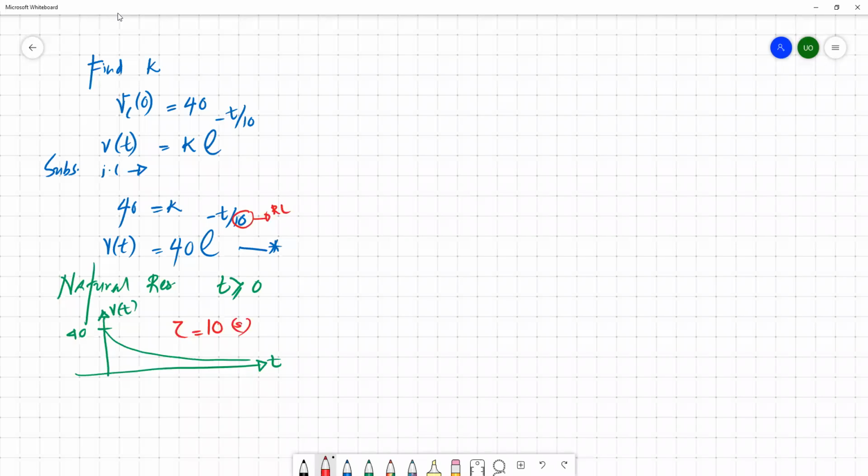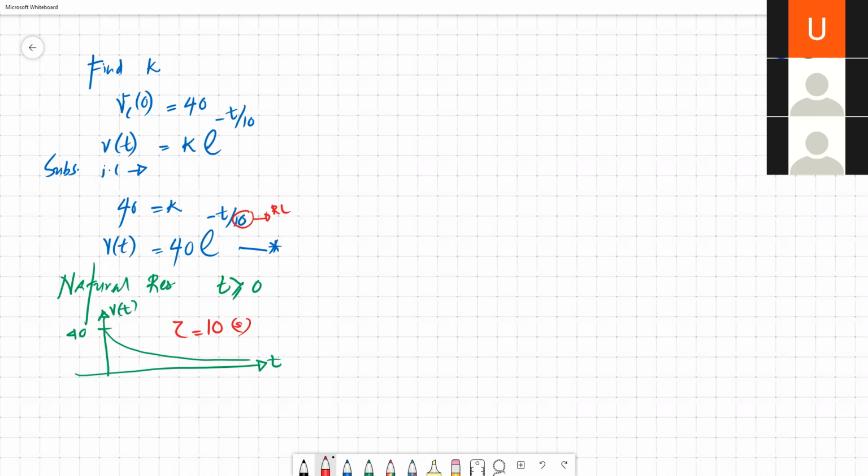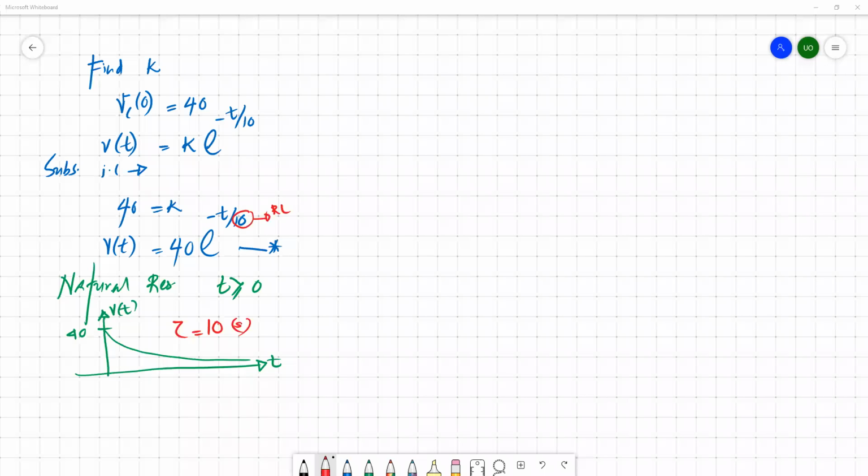So in this case, the time constant is 10 seconds and the natural response is 40 e to the power minus t over 10. Hope it's clear. If you have any doubts, you can bring them to the forum.